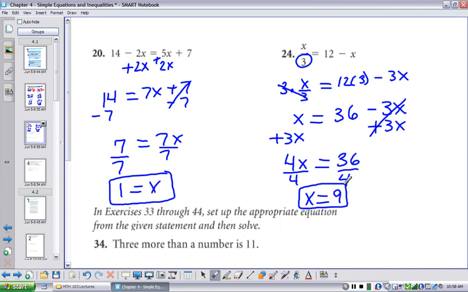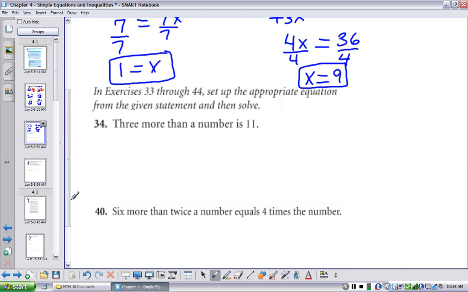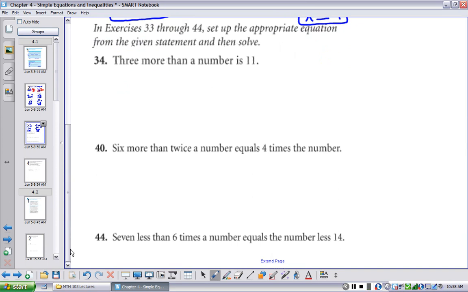Now, not only is it important that we know how to solve equations that are given to us, but it's also important that we be able to translate an English statement to an algebraic statement. Later on in this chapter, we're going to be doing word problems, and in dealing with word problems, we're going to have to be able to take the words, put it as an algebraic expression, and then solve.